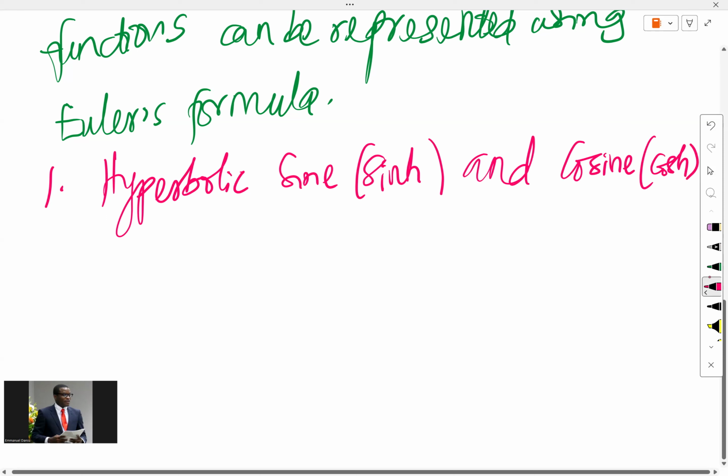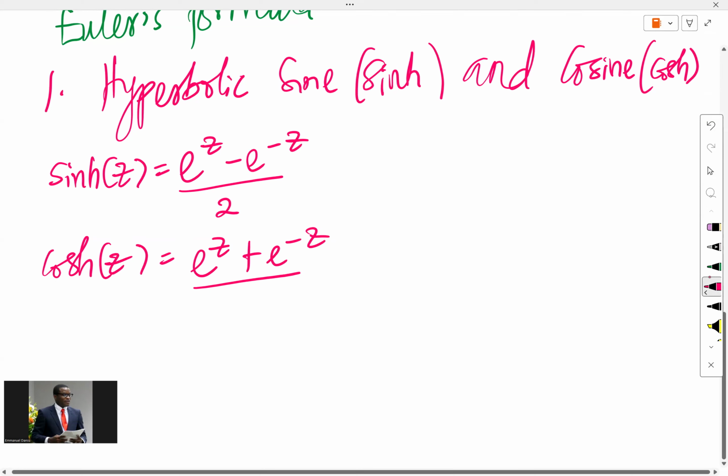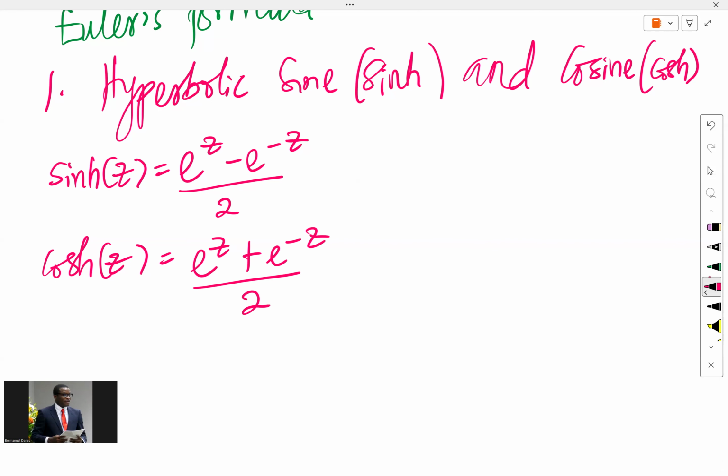So we see that sinh z is equal to e raised power z minus e raised power minus z divided by 2, while cosh z is equal to e raised power z plus e raised power minus z over 2. I'm still building the playlist on complex numbers, but I know I've talked about complex functions, and these are very good examples of complex functions.